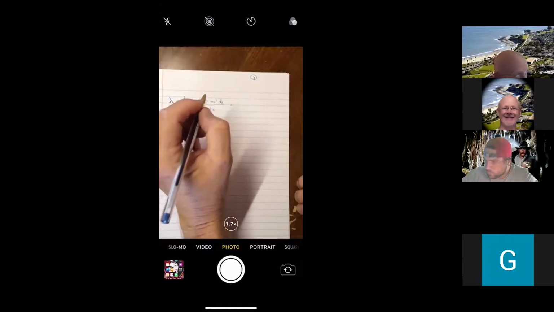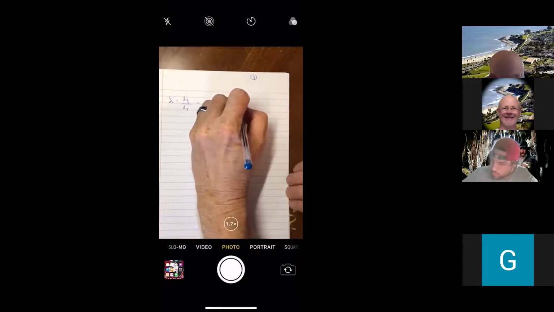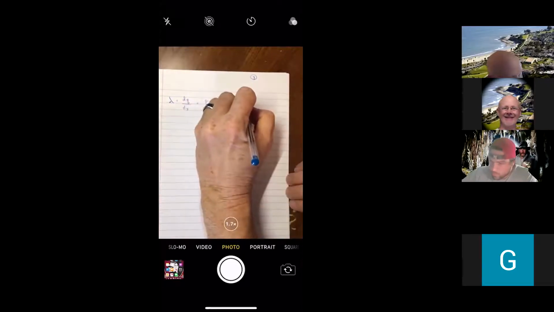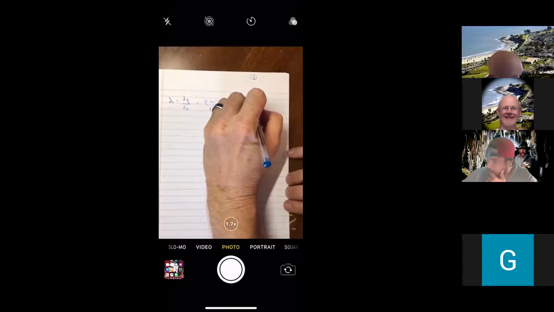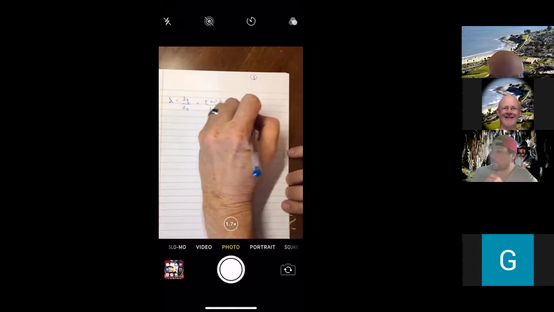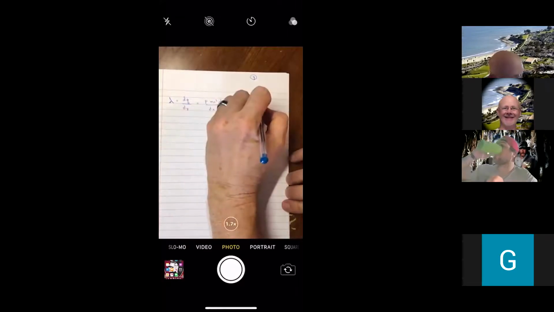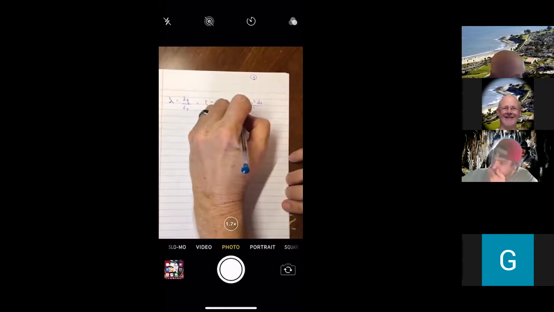Now, it may not be obvious quite yet, but I'm going to multiply the top by an r squared and the bottom by an r squared.